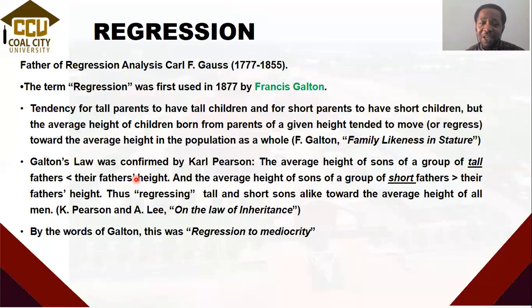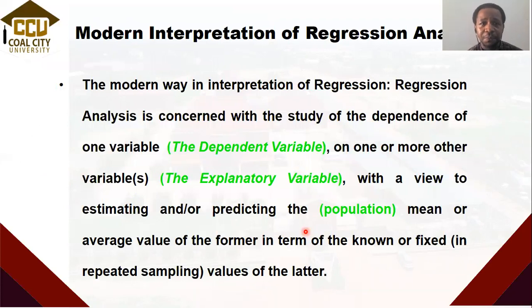And this was what made him come up with a term called regression to mediocrity. Because he observed that instead of the height of these sons being higher than the height of their fathers, the average height of these sons was lower than that of their fathers. So that was how he came up with the term regression.